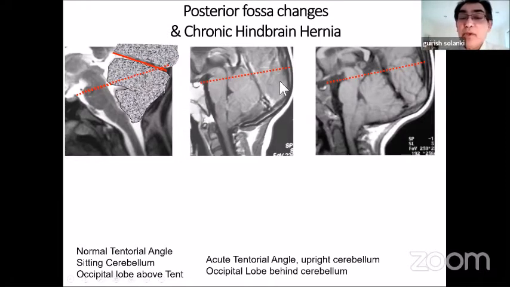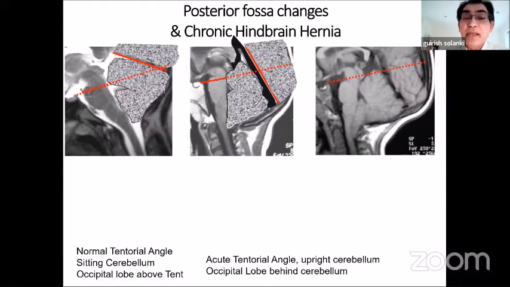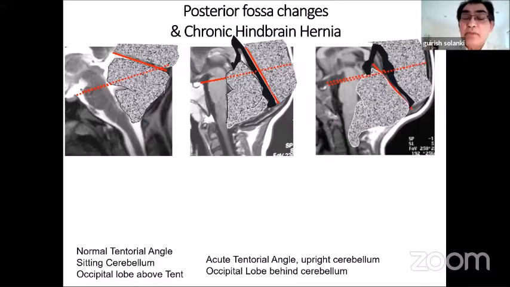It's now lying below, and there is a significant content of the cerebellum and occipital lobe that is no longer where it should be. So at least a part of the posterior fossa is now occupied by the occipital lobe, which pushes the cerebellum forwards. And occipital lobe lying behind the cerebellum is prima facie confirmation that this patient has got supratentorial crowding.